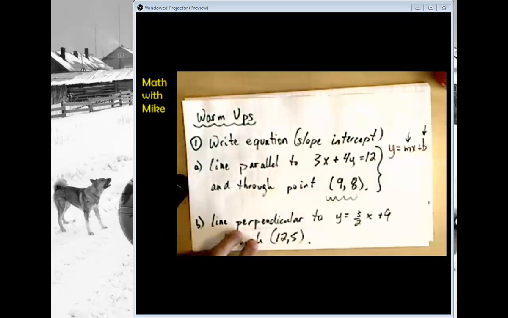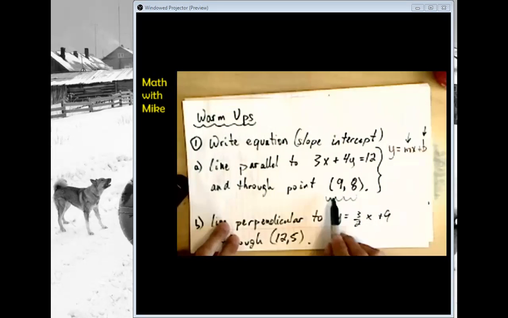You have to put the 8 for the y in the equation.